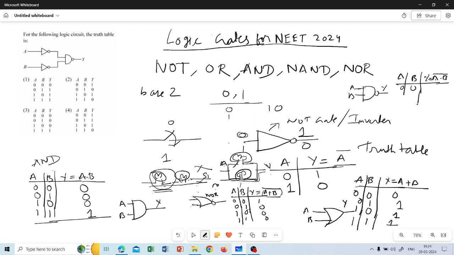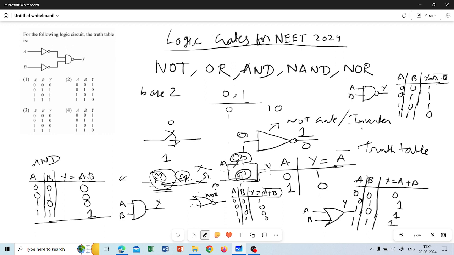For 0, 0, you can see that again in this truth table, you have to reverse the AND truth table. Wherever 0 is there, the output is 1: 1, 1, 1, 0. So this is all about logic gates.